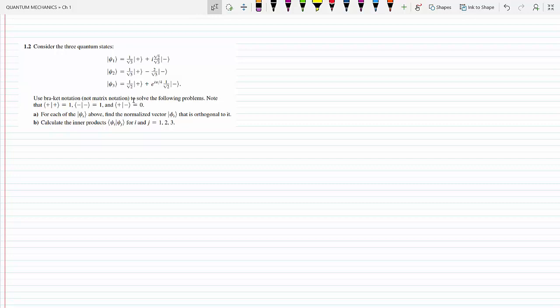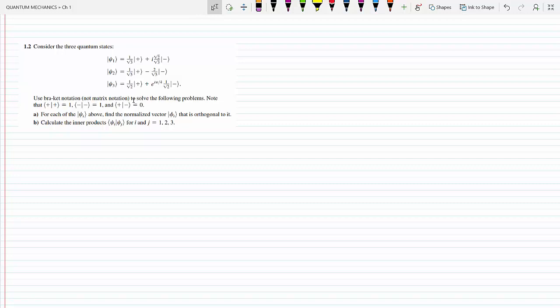Likewise for minus half, but plus minus is 0, because if you take a system that's known to be spin down, the probability that you will find it in the spin up is 0, because we know for a fact it's in the spin down. So that's why plus minus is 0. Okay, so we kind of covered that.